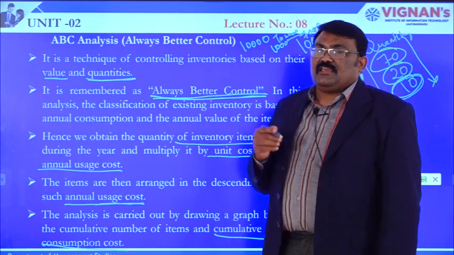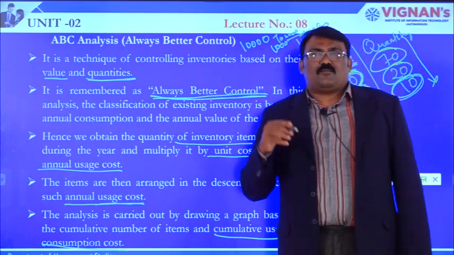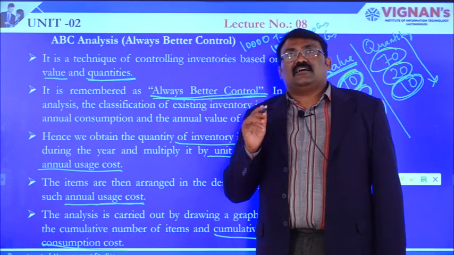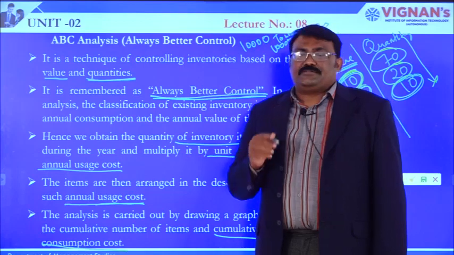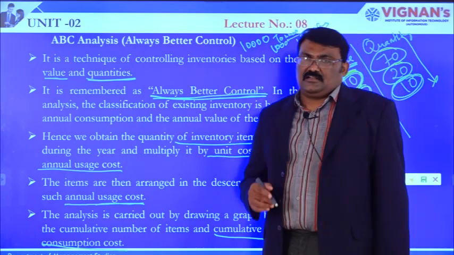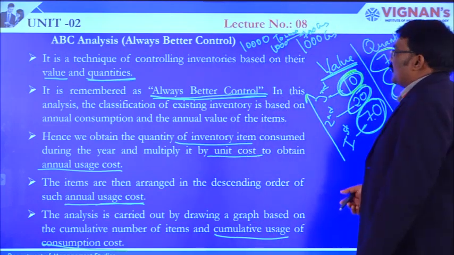As said, ABC analysis is one of the best among all the inventory management techniques available, and that is the reason the majority of organizations use ABC analysis. Now, we will see it in diagrammatic format.